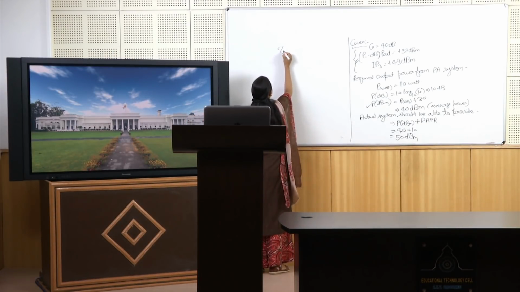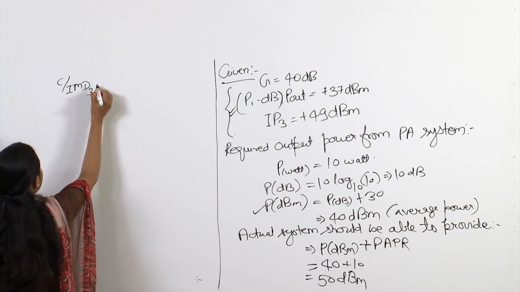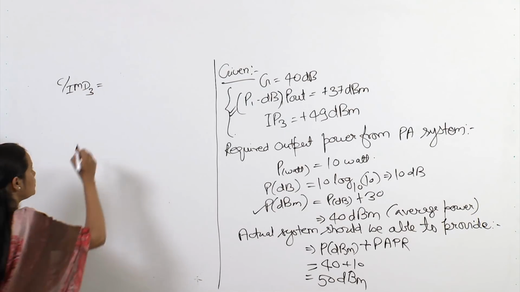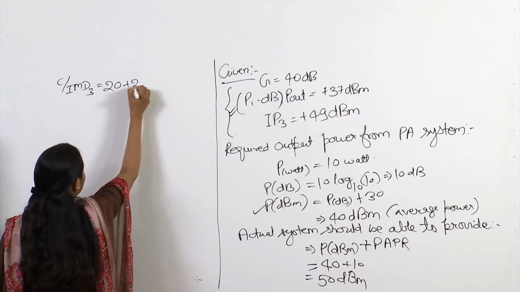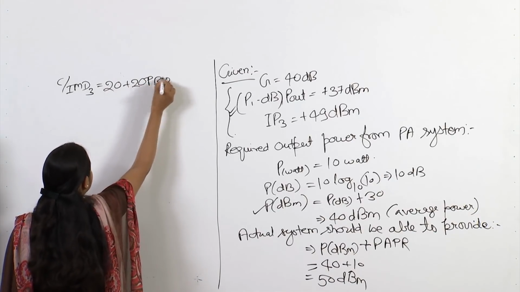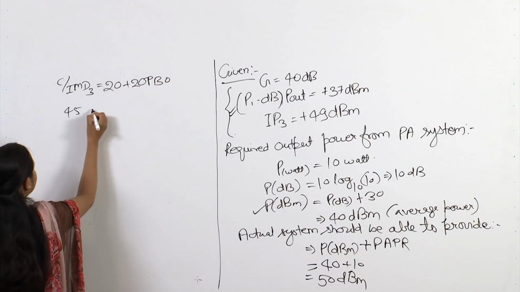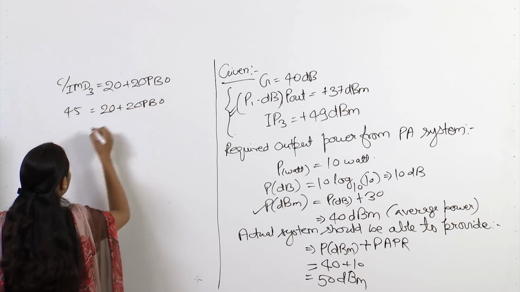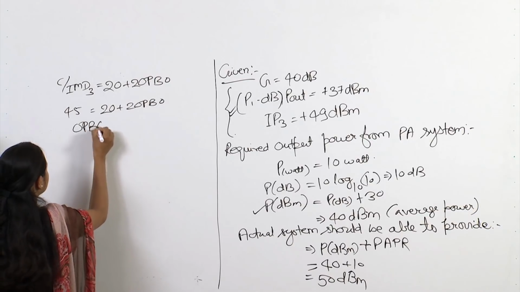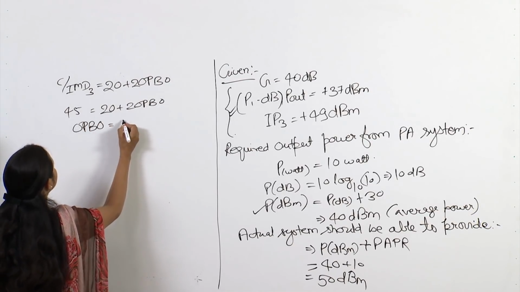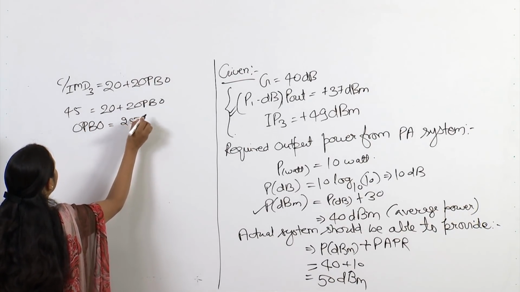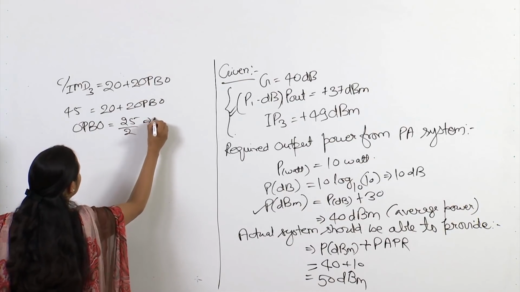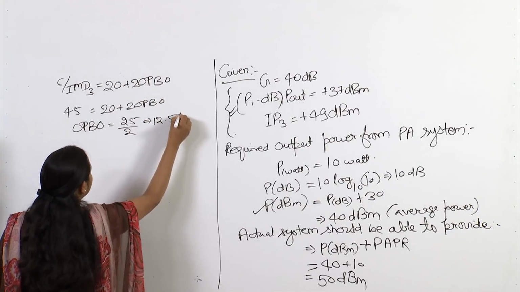C by IMD3 is 20 plus 2 times output power back off. So it is 45, or output power back off would be 25 divided by 2, that is 12.5 dB.